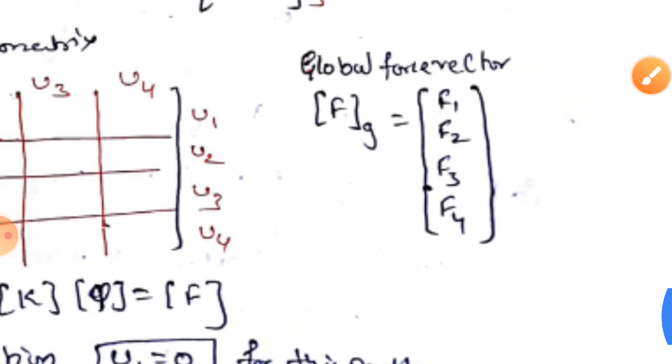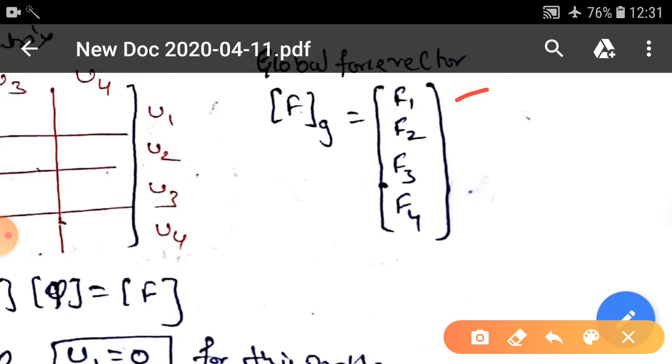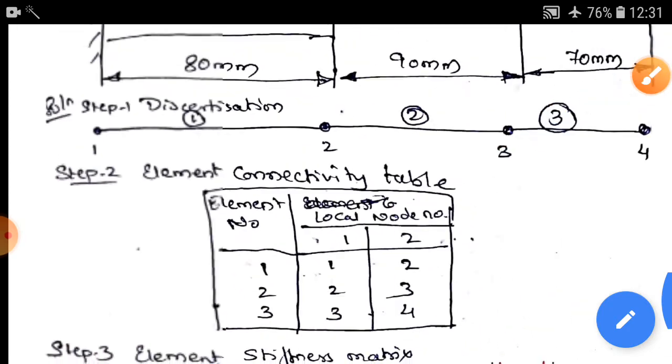After that write the global force vector. There is no force applied at node 1, so F1 becomes 0, but there is a reaction. What is that reaction? R1. You need to know the force applied at node 2, node 3 and node 4. Just see it.